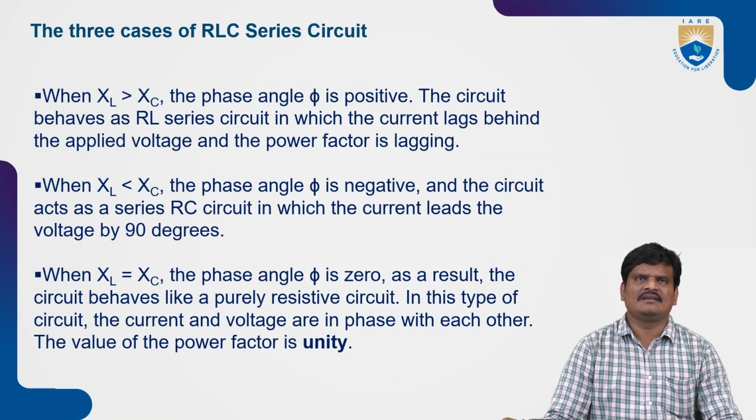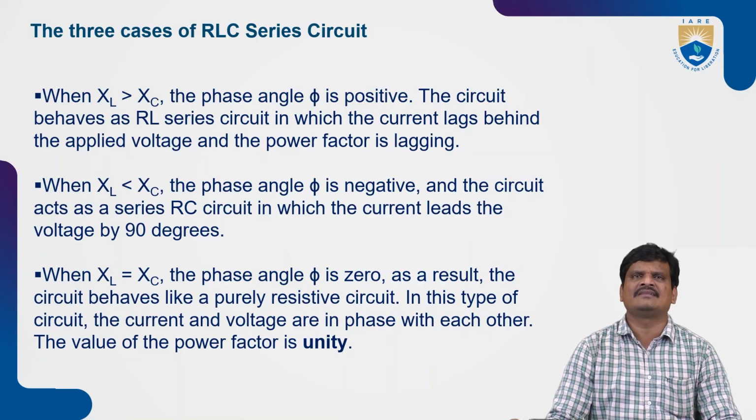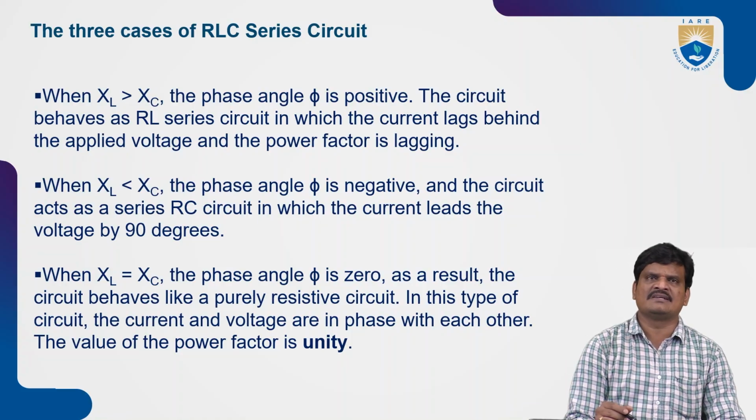As I have said earlier, it is not possible to draw the phasor diagram representation for a series RLC circuit when there are more than two elements present in a circuit. So in order to draw the phasor diagram and calculate the response, you need to consider different cases.